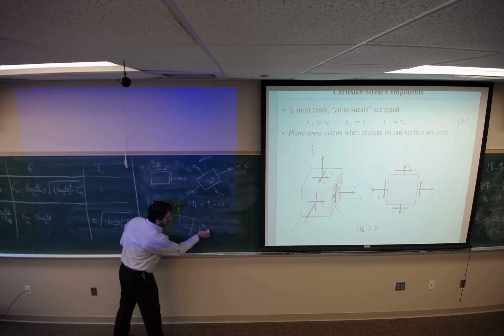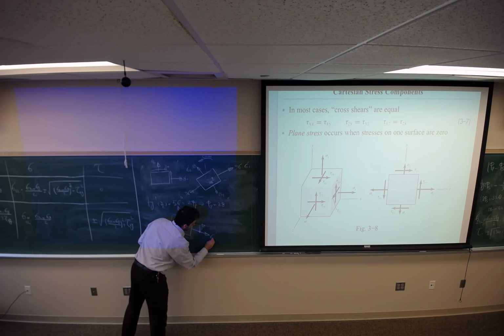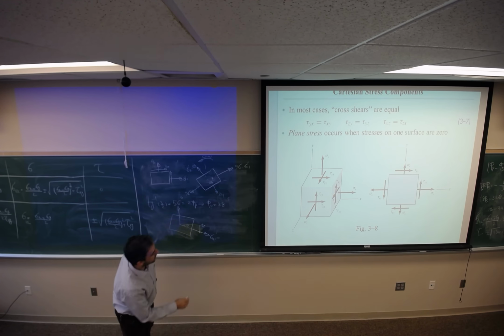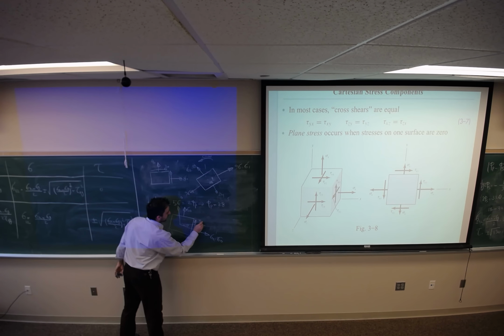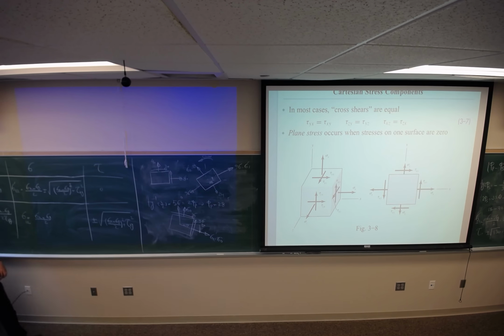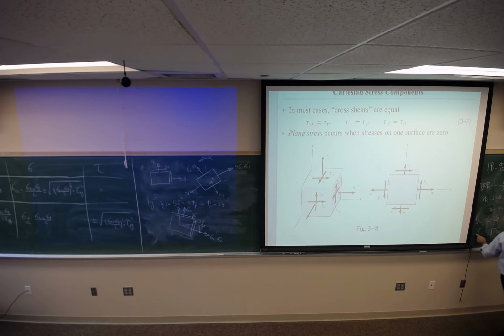At this plane, sigma x is 60. The other one also is 60. Tau xy is 36. It's gonna look like this. So by picking a different plane, I will get a different value for the shear stress and the normal stress.